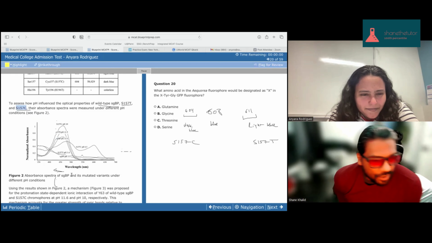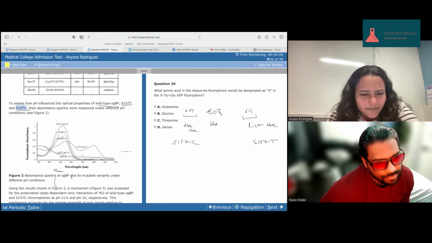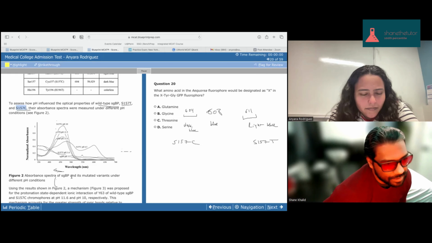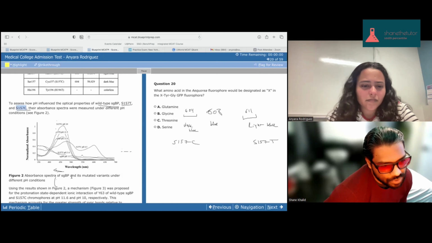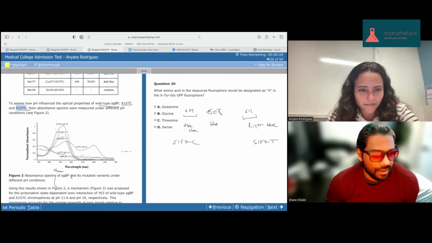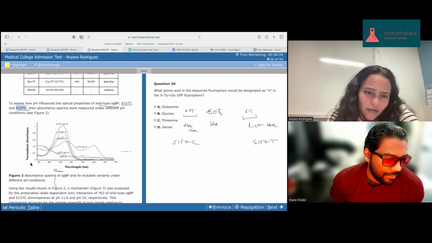So it seems like with S157C, the wavelength of maximum absorbance does not change, but if the pH goes up, the absorbance goes down. And then we have the wild type. Wait, do you repeat?